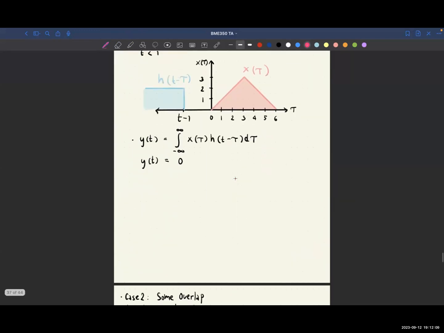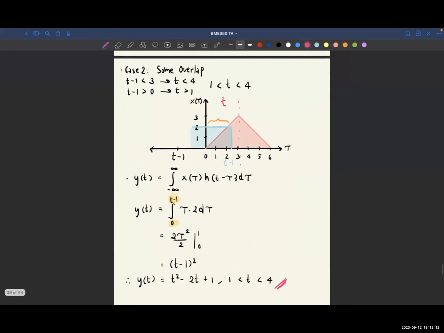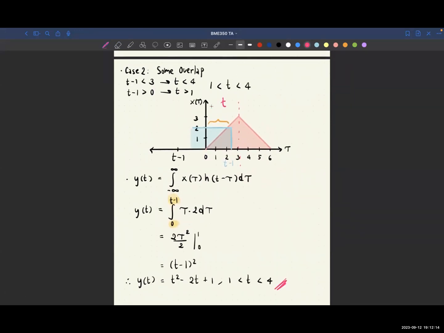And I only want to consider this scenario first, where the overlapping is still within t, when the graph equation is t and not 6 minus t yet. We are going to talk about that later, but for this scenario, we just pay attention to t minus 1 stopping before t. And it stopped before t, therefore t is less than 4.